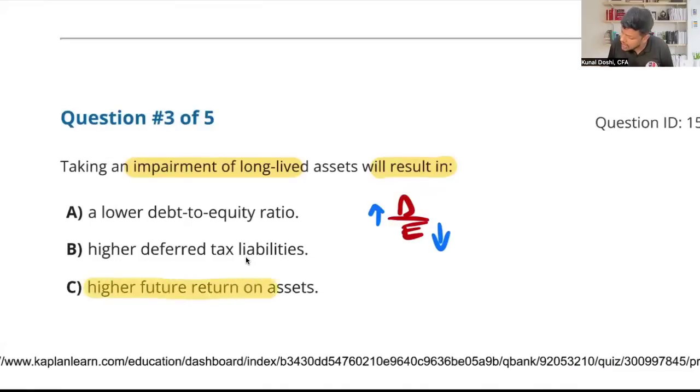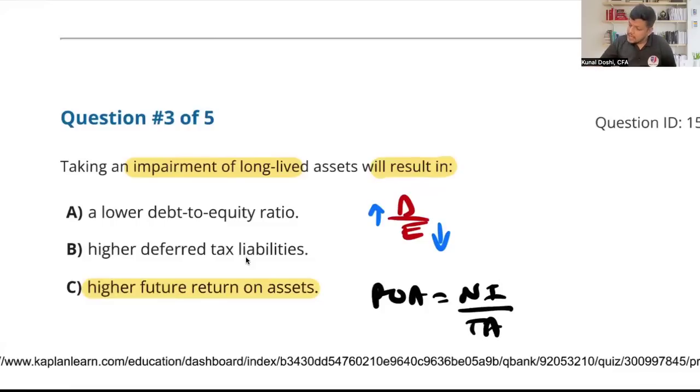Higher future ROA. ROA, return on assets, is net income, let's say, over total assets. Now, when I do the impairment in the current year, the value will go down. Later on, what will happen? The asset's value has gone down when I do the impairment, right? So the depreciation is going to be less.